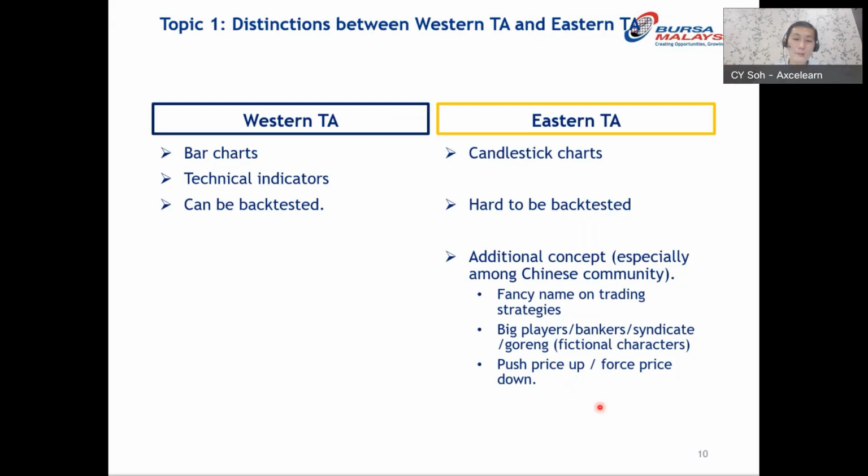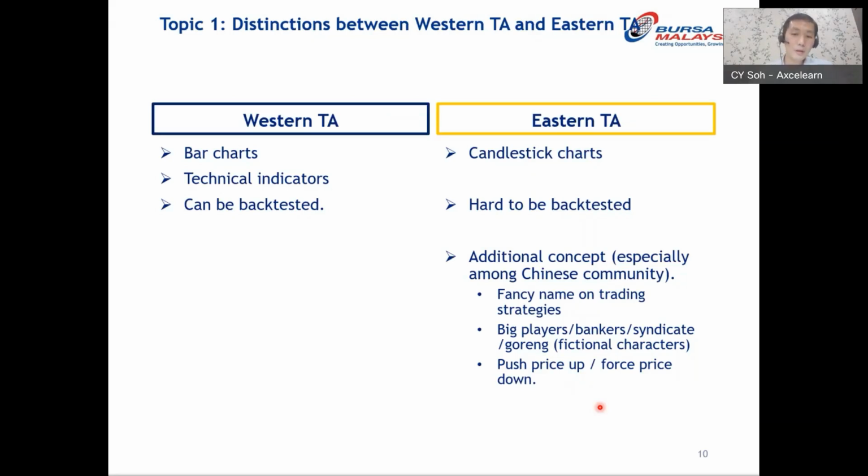Whereas those of you who can read Chinese books might face a bit of difficulty. If you want to avoid all of these fancy concepts, you should go for translated materials, which are English books translated to Mandarin, as they would be free from these fancy concepts. Or you can avoid books written directly by Chinese authors, because they may add all these concepts into your trading.